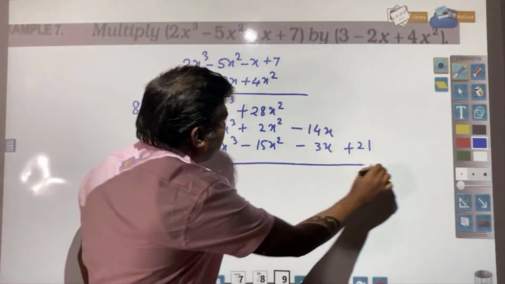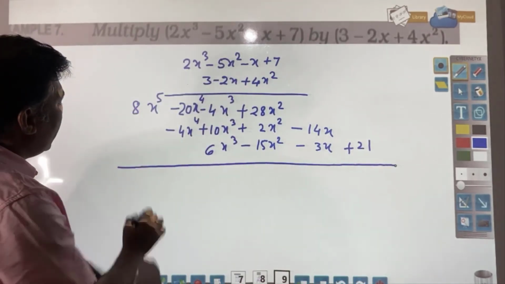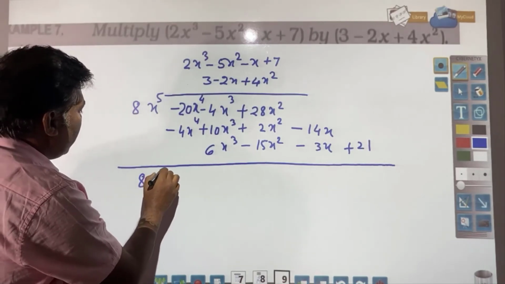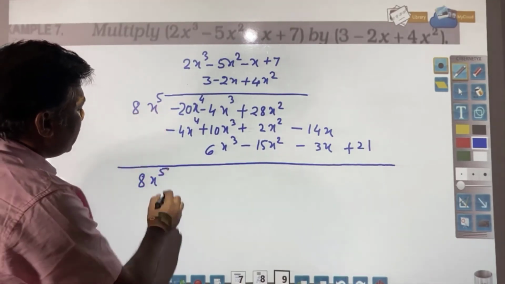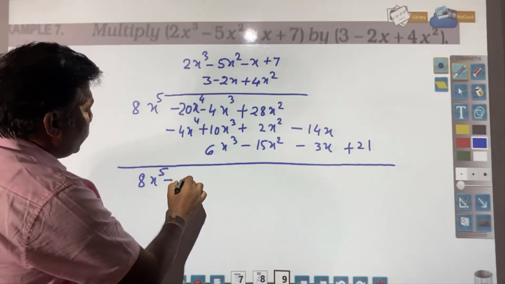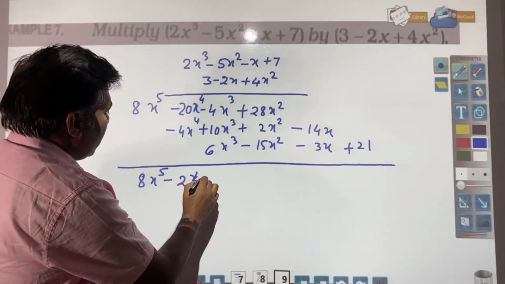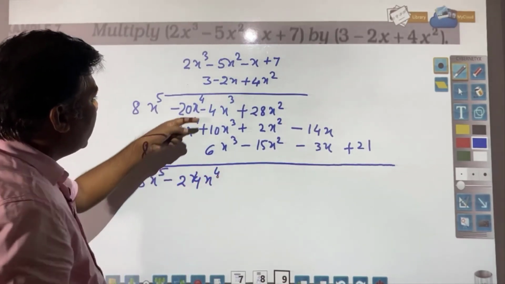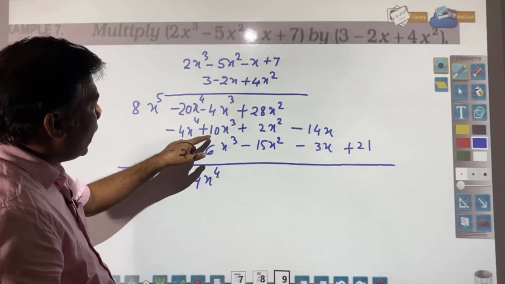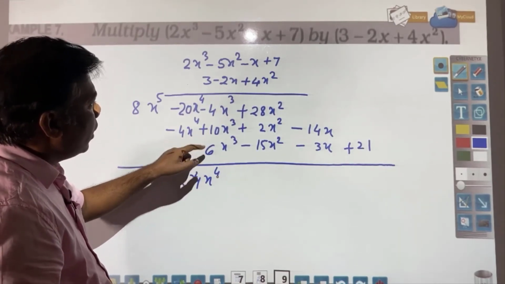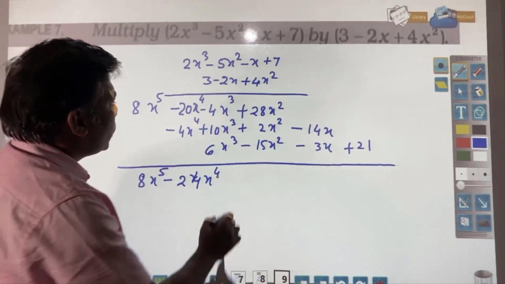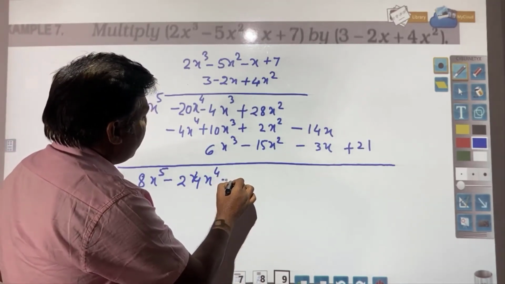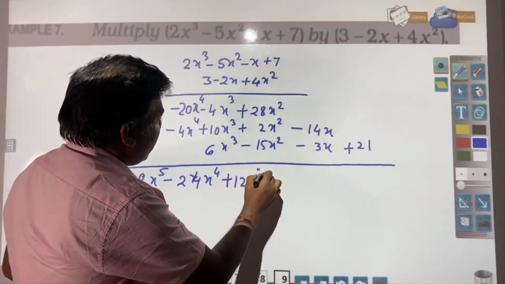Now you add this up. Here you will get 8x to the power 5. Here minus and minus, you will need to add, this 24x to the power 4. Then here you see 6 and 10, 16 minus 4 means 12. So this will be plus 12x to the power 3.